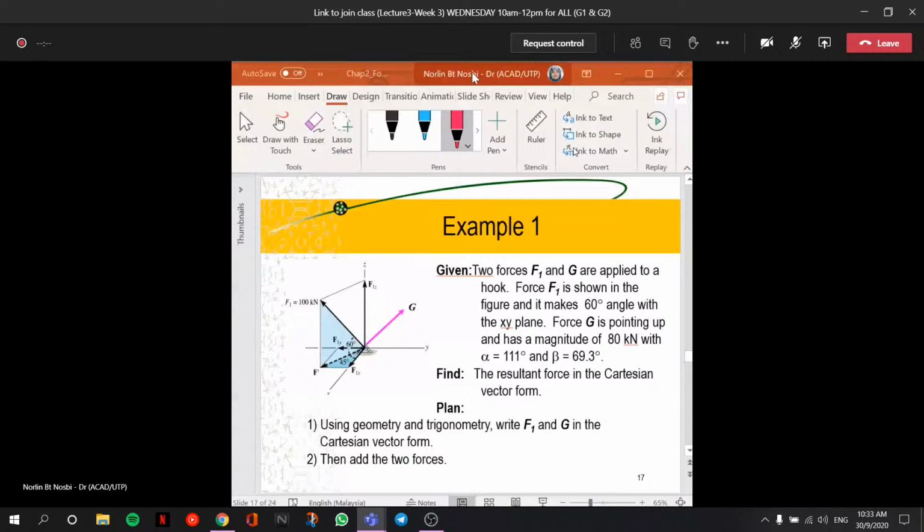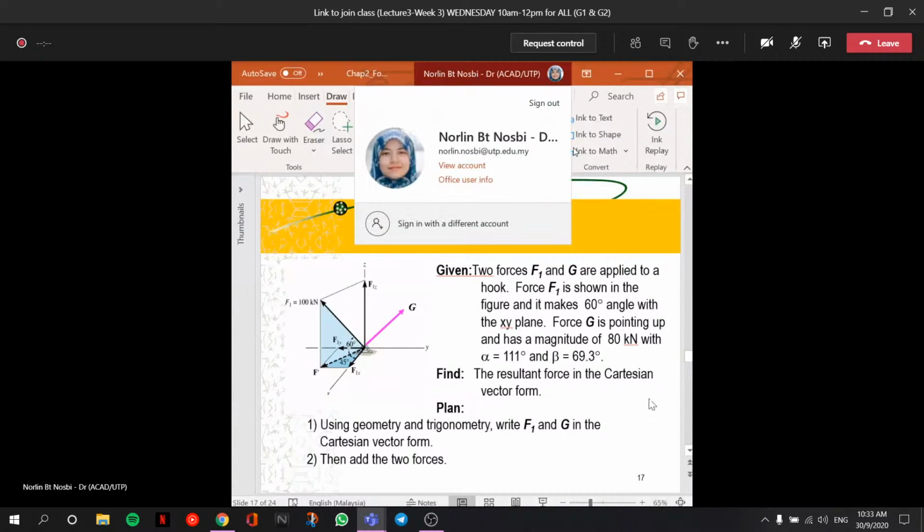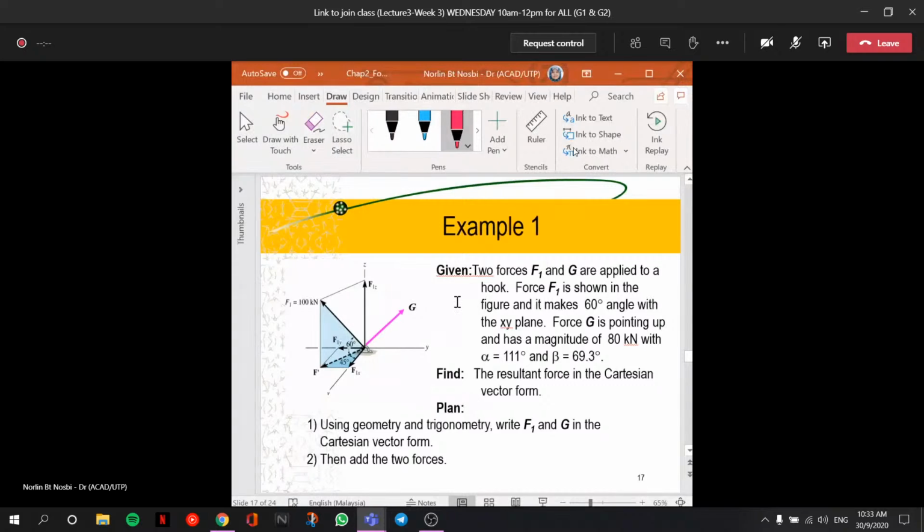Okay, in example 1, there are two forces given, which are F1 and G, applied to a hook.